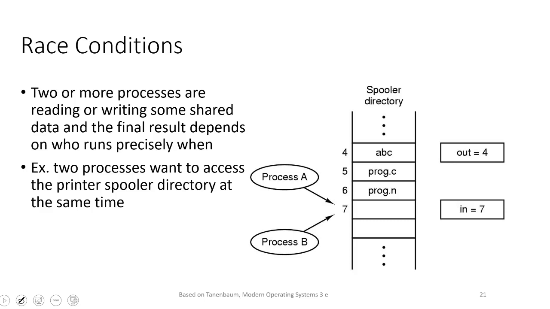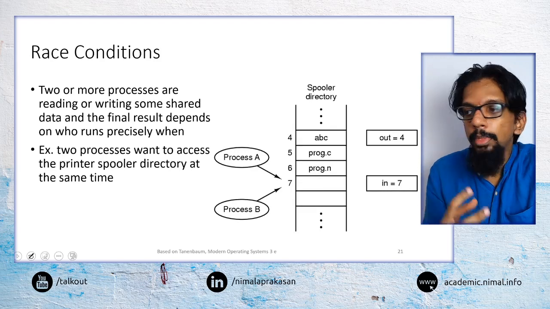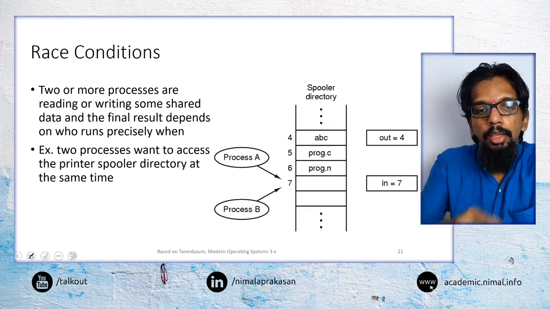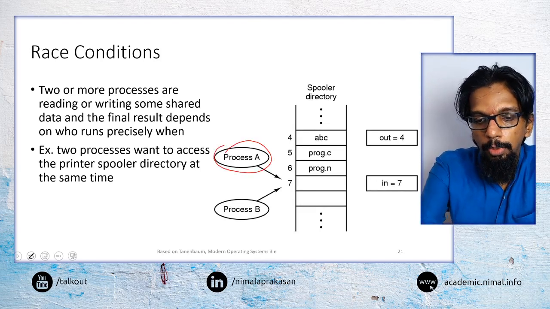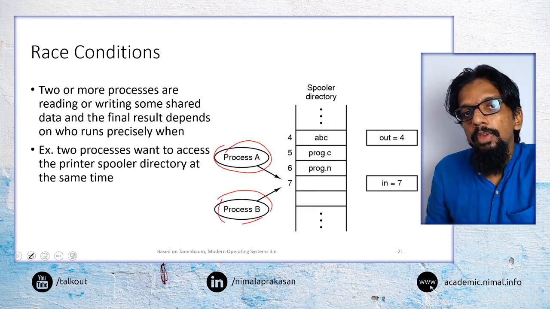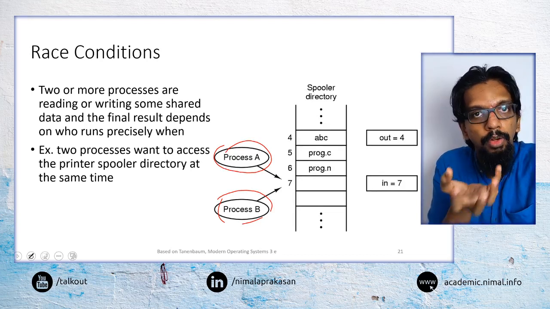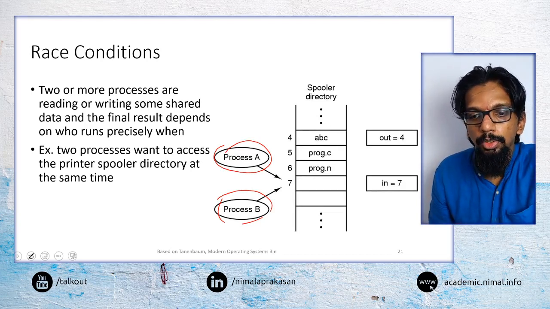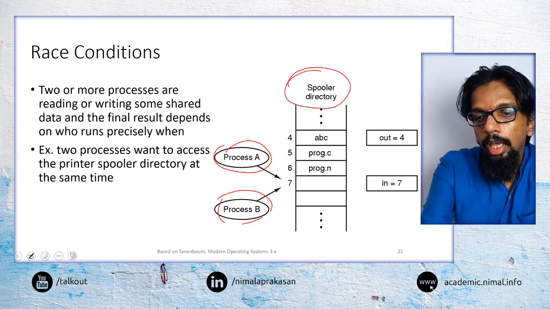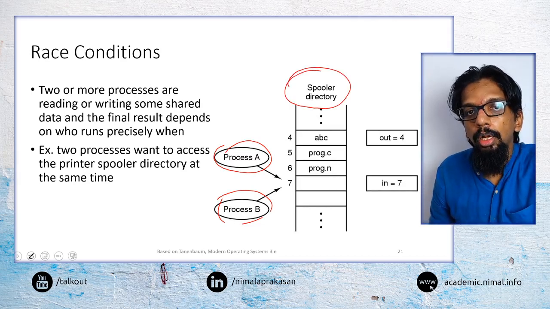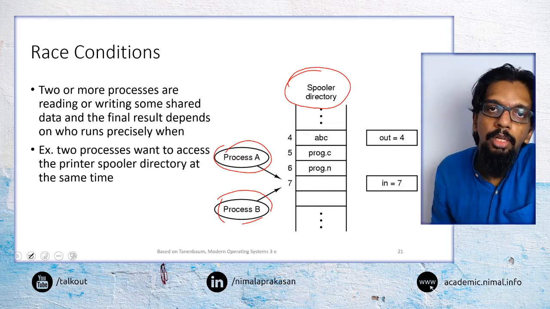One of the reasons why we need inter-process communication is what we call race conditions. What we mean by race conditions is, say we have two processes, process A and B, and they need to utilize a shared resource. For example, they are writing a file into a spooler directory from where something will get printed.